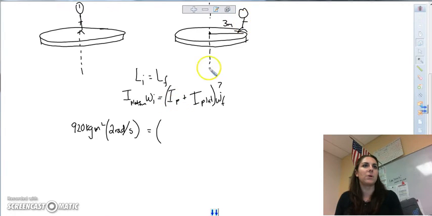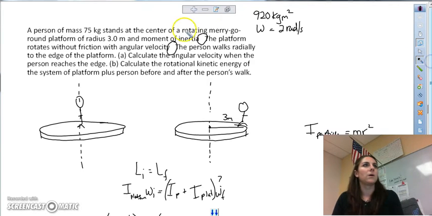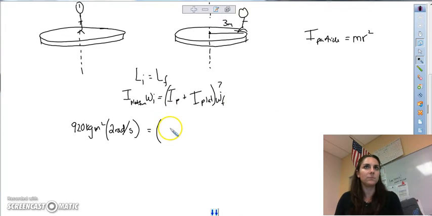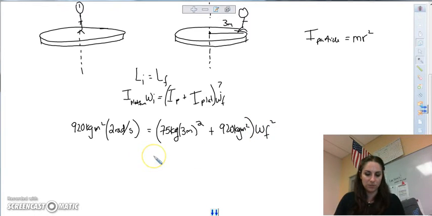If we treat them like a particle, that's just mr squared. So m of the person is 75, times r, which is 3, squared, plus the platform, which is still the 920, and then times omega final.